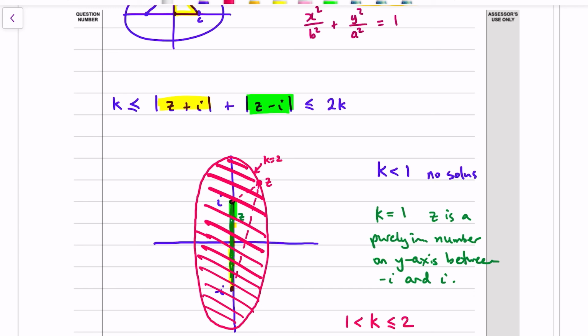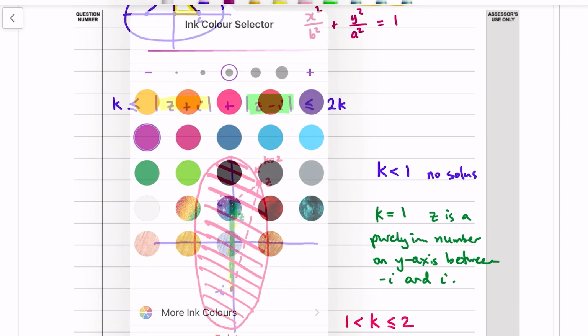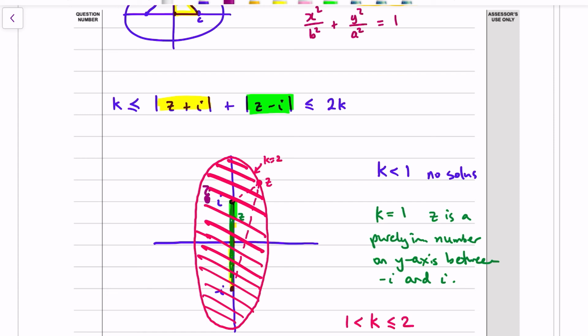Okay, so any point z that's inside that ellipse, so for example, this point, the distance from z to i plus the distance from z to minus i, the sum of those two distances is going to be equal to an ellipse that has a major axis equal to the sum of those distances.